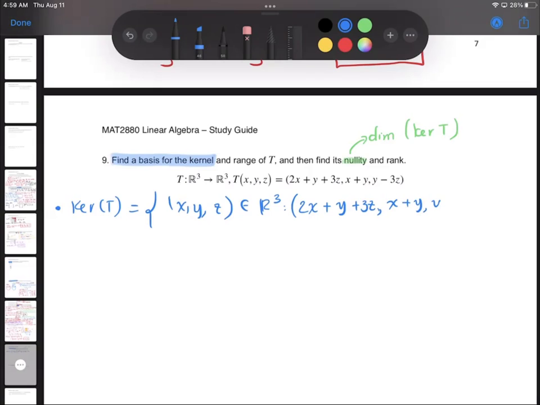Then the basis of kernel of T is (-3, 3, 1). Here you can say that the dimension, or the nullity, of kernel T is equal to 1. Also, notice that this is linearly independent, so of course it spans.